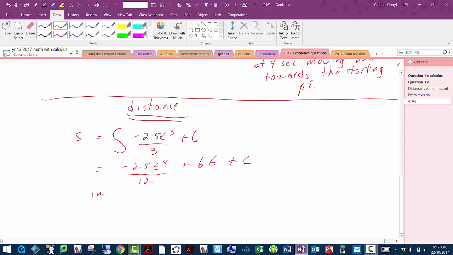So again, in context, when time equals 0, it hasn't gone anywhere. S is 0, and this is S. So if you plug that all in, you're going to get C equal to 0. So we don't need to worry about the C. Now we've got our distance formula.